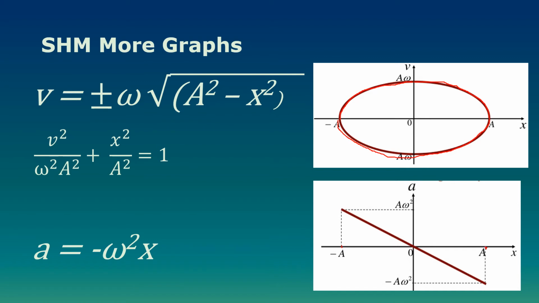Which means that there's also a maximum and minimum acceleration. So throughout the cycle, it's actually going down the line and then back up the line and then down the line and back up the line, rather than actually extending beyond it. So it does have limits, and that is really important to note. And those limits are obviously plus or minus the amplitude and plus or minus a omega squared, which is the maximum acceleration.